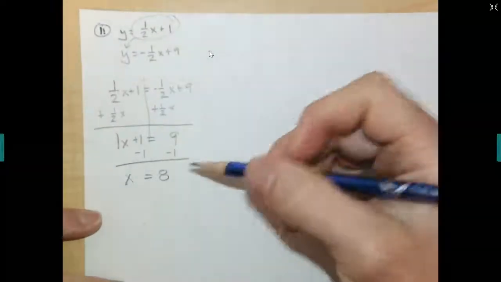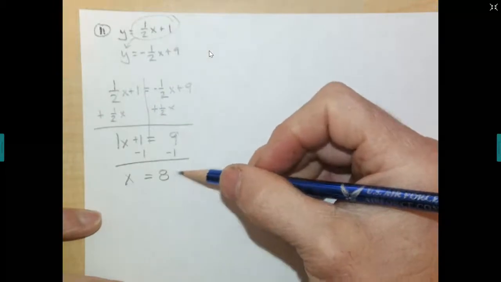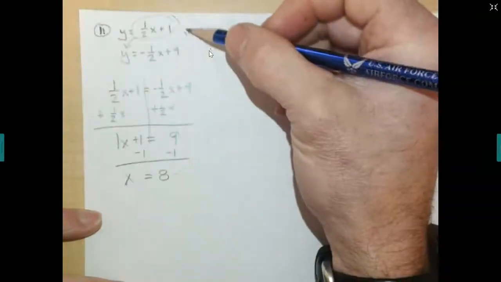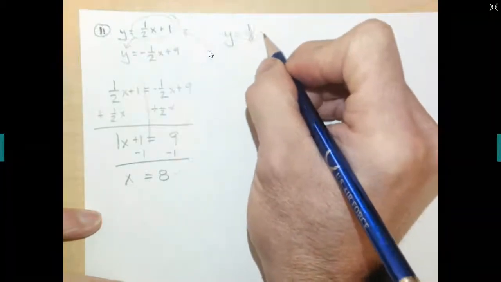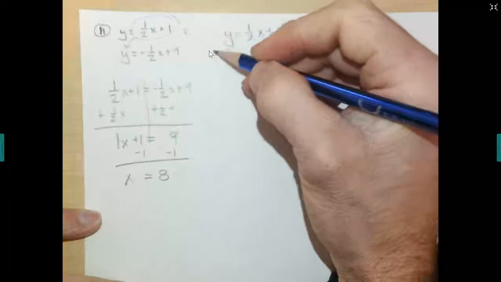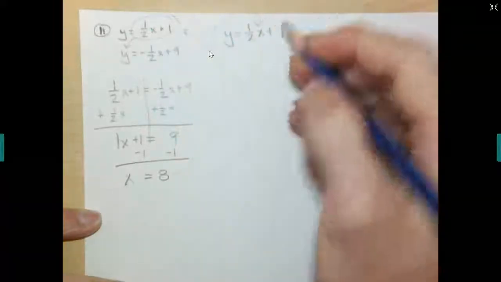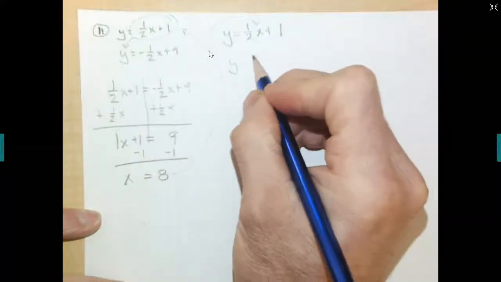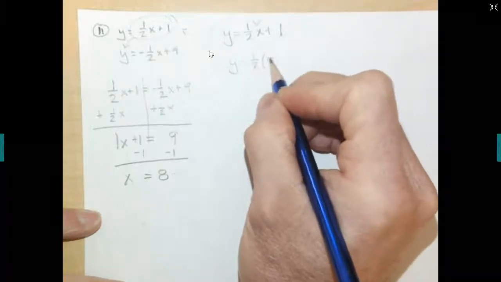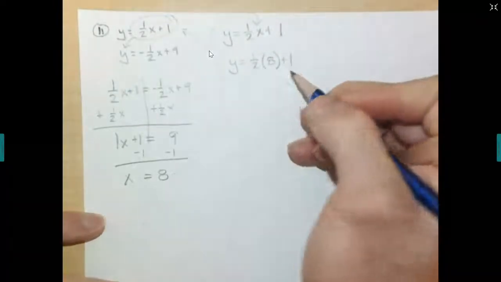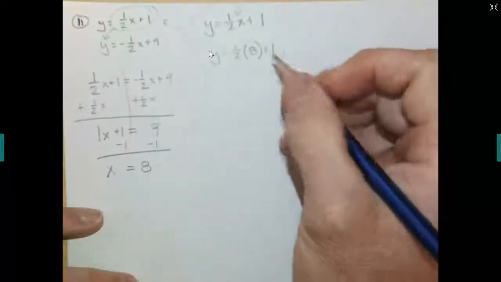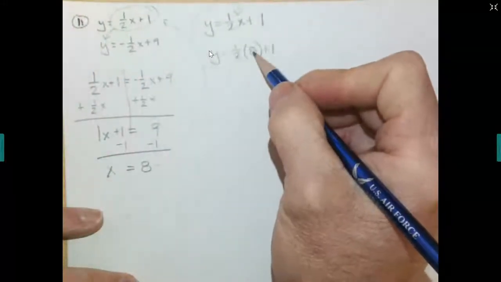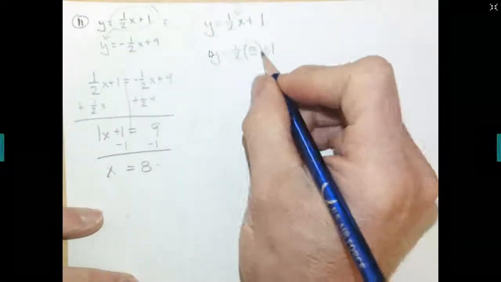If x equals 8, I'm going to plug that 8 into the positive one. So I have y equals 1/2 x plus 1. So that 8 is going to go here. So I have y equals 1/2 times 8 plus 1. You guys can see that. 1/2 of 8, I can do it two ways. 1/2 of 8 is 4.